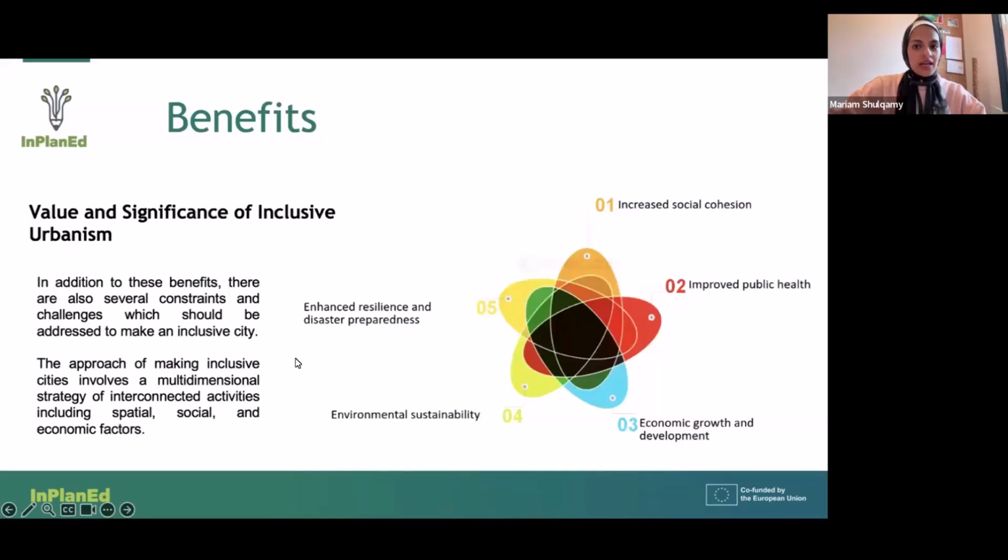In addition to improving quality of life, inclusive urbanism also promotes economic growth, social cohesion, public health, sustainability, and resilience. However, creating inclusive cities isn't easy because there are several constraints and challenges that need to be addressed. It's a multi-dimensional concept, and making inclusive cities requires tackling the spatial, the social, and the economic aspects together.